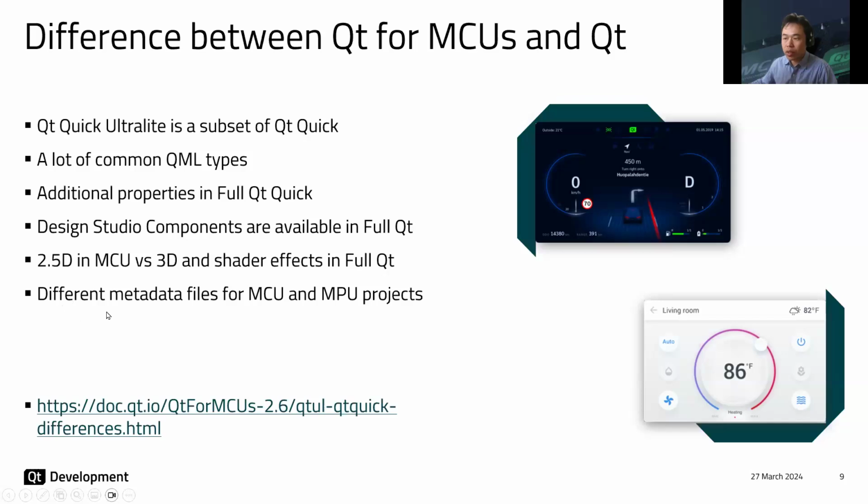And also, there are different meta files for MCU and MPU projects. For MCU projects, they are organized by the CMake file and also the QML project file. For MPU projects, you have the CMake file, but the CMake commands for those projects are also different. So you cannot directly use an MCU project for MPU or vice versa.